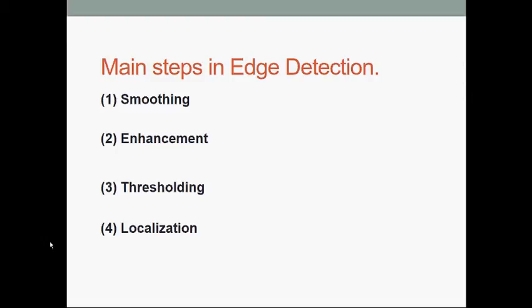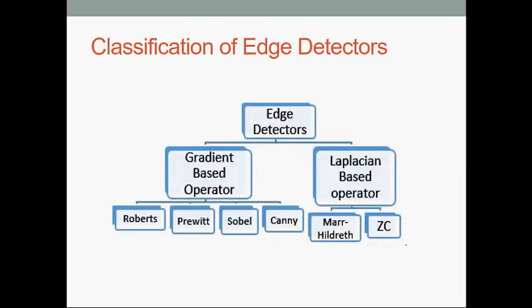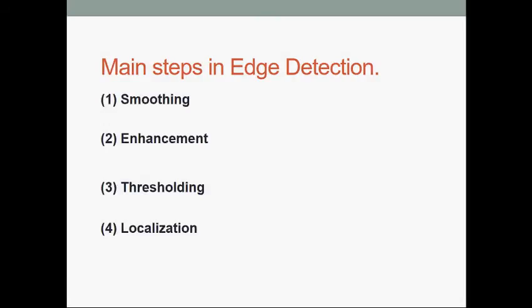Third is thresholding. In this step, the noise is also phased out. And the fourth step is localization. This step localizes the edge points and links them.